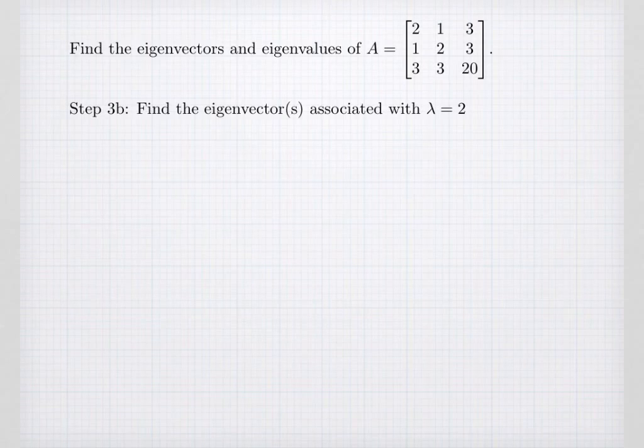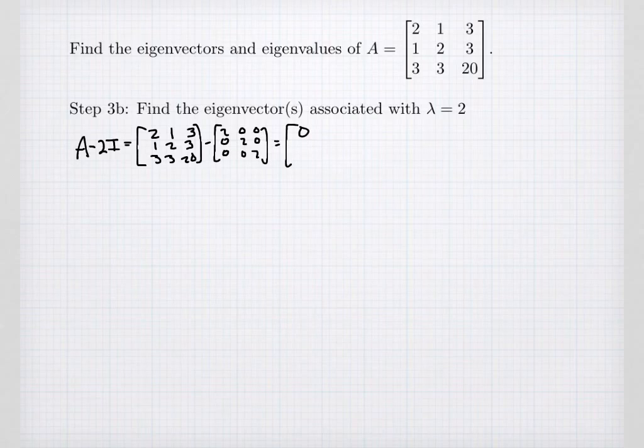We start with our matrix, we subtract lambda I, so here lambda is 2. So we're going to take our original matrix, 2, 1, 3, 1, 2, 3, 3, 3, and 20. And we're going to subtract twice the identity.